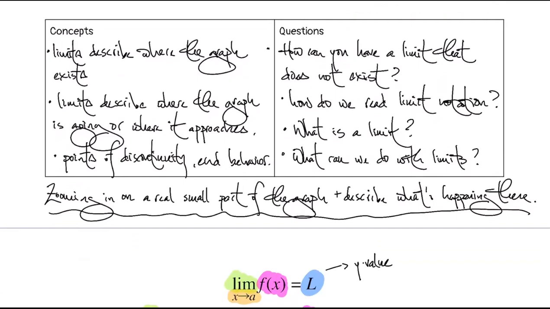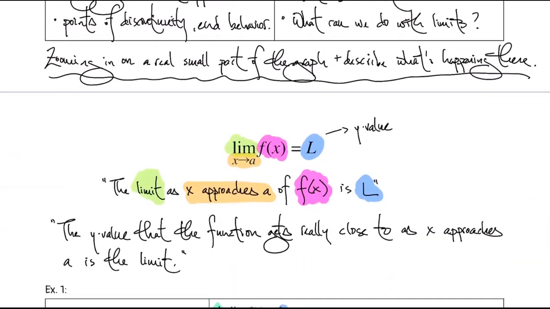Okay, so we're getting as close to the point that we're interested in as possible. And we're saying what's happening around there. And this fancy equation here is nothing more than a shorter way of saying, find me that y value that the function gets really close to as x approaches a certain value, okay?